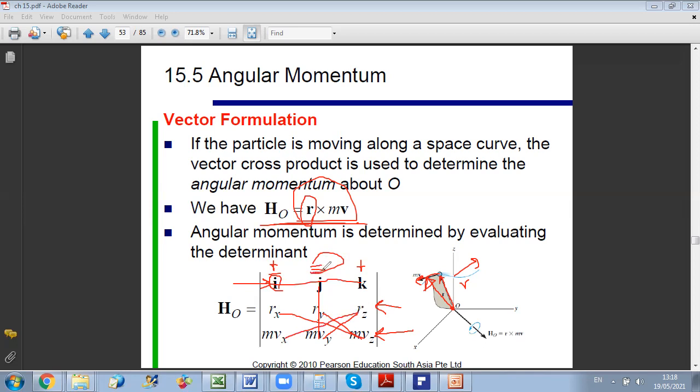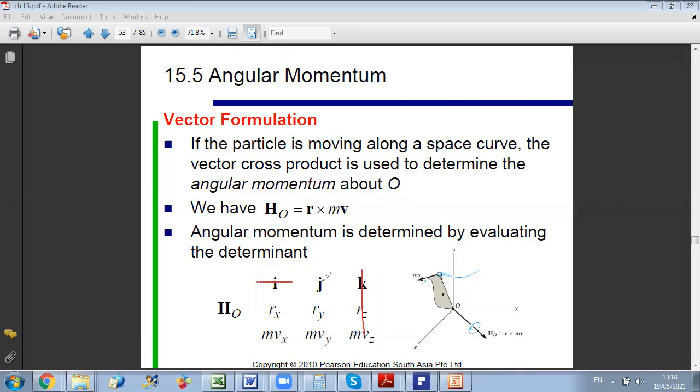Just don't forget to put the minus before the j component. Finally, for the k component, I drop the column and line of k, and I have plus k times (Rx mvy minus Ry mvx). In this way, I can calculate the angular momentum about point O.